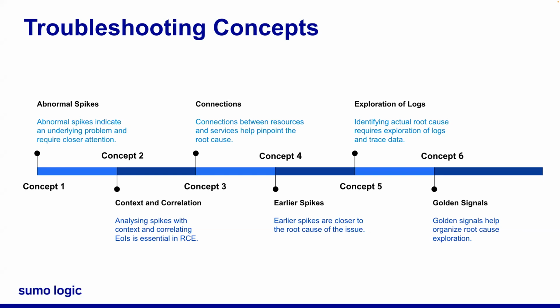Exploration of logs and trace data need to be drilled down to find the actual root cause based on previous analysis. I was iffy on that one. Yeah, that's what I would put. It's either that or that one's essential strategy for root cause.